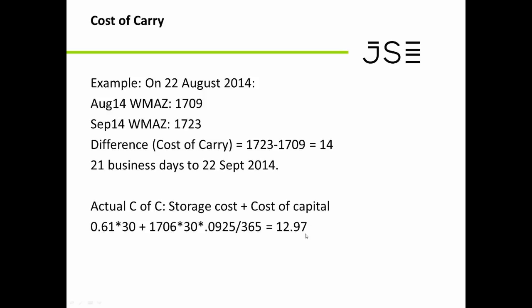If this number was at or below 12.97, then it would have made sense for him to carry over. But because it is 14 Rand, it is more expensive for him than his theoretical value. So he would rather exit his position, because that number is greater than this number.